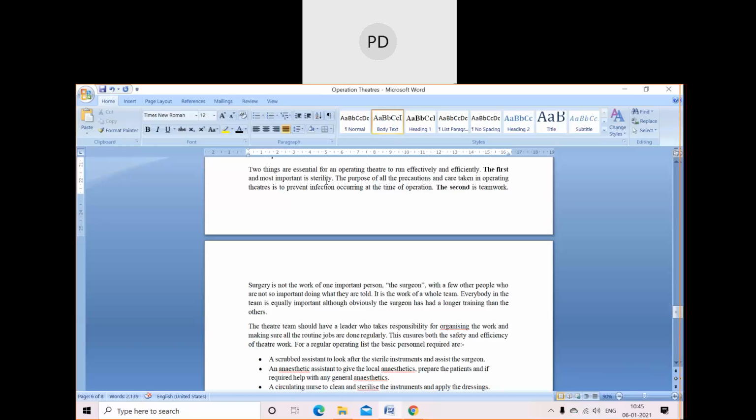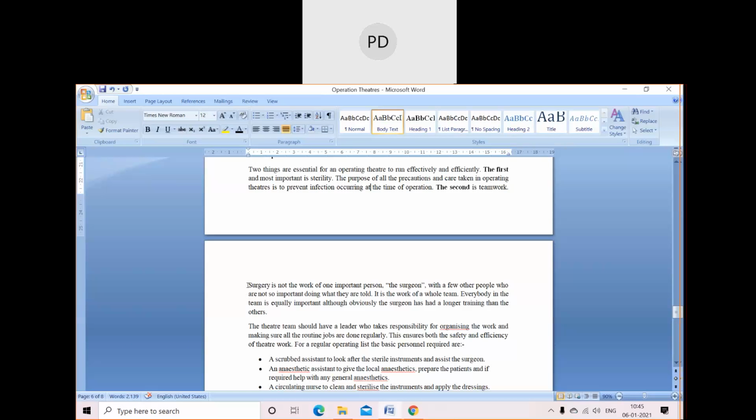One is sterility, and the other is teamwork. Teamwork in the sense of the manpower, how they are communicating with each other, how they are conducting surgeries, and how they are maintaining the sterility of that particular OT suite.